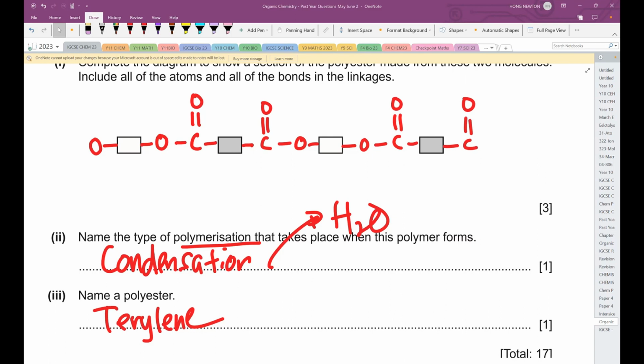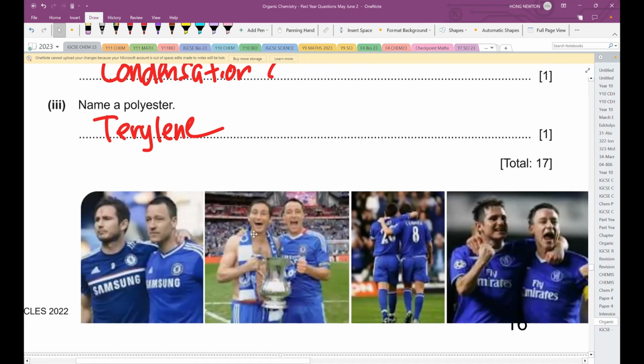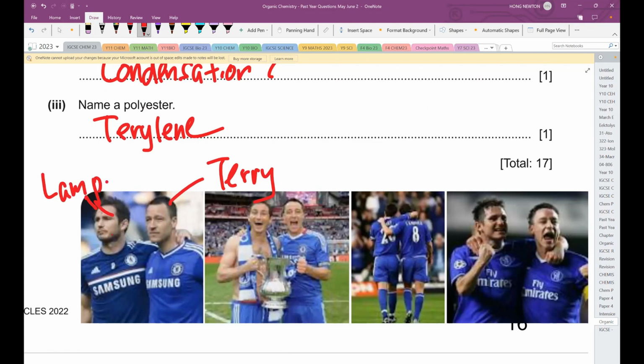Terry and Lampard, these two guys, Chelsea. I mean Chelsea team. This one is Terry. This is Lampard. Sounds weird, right?